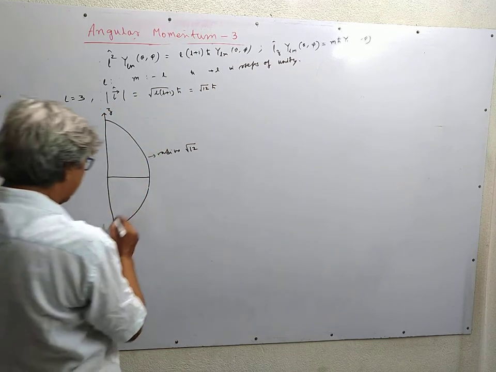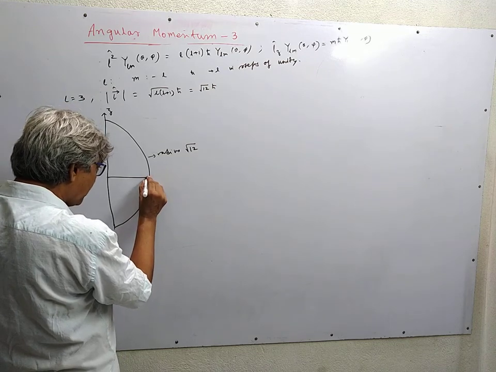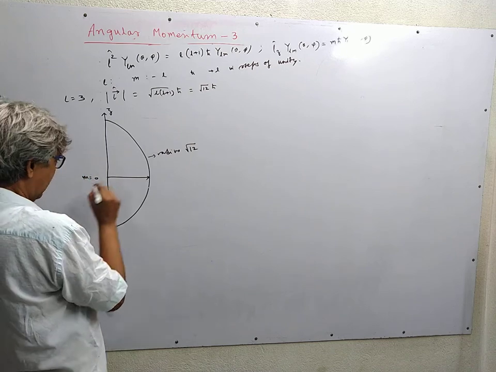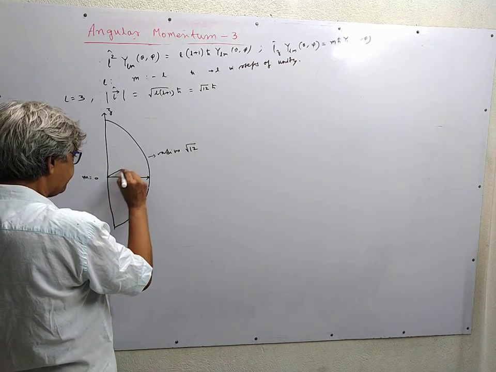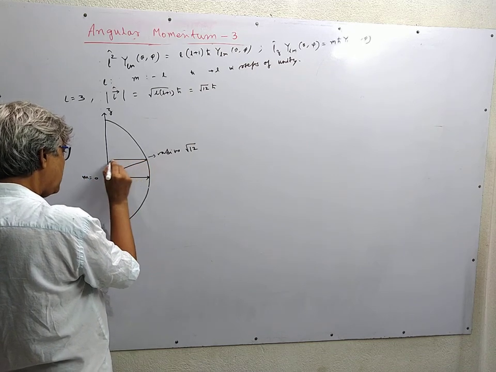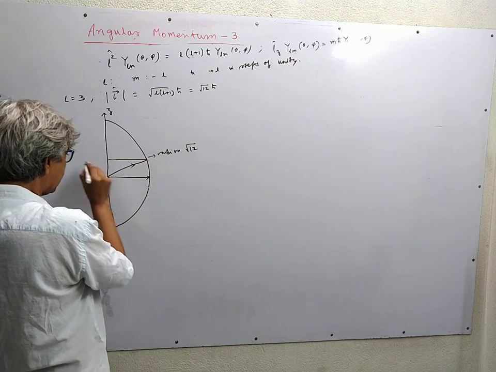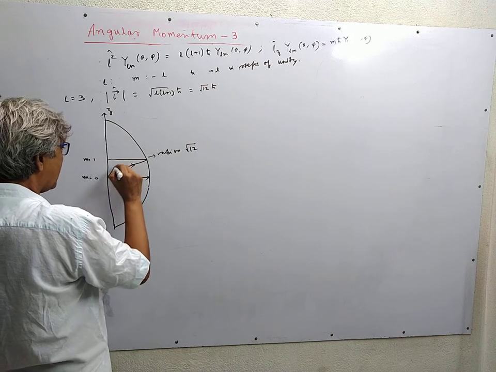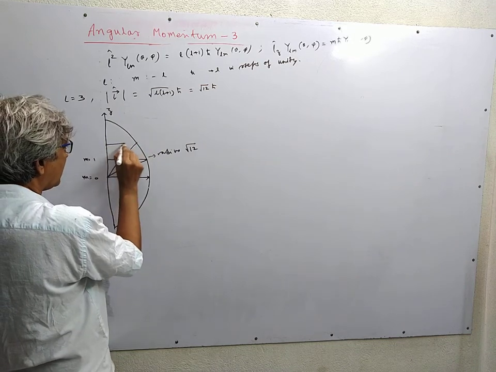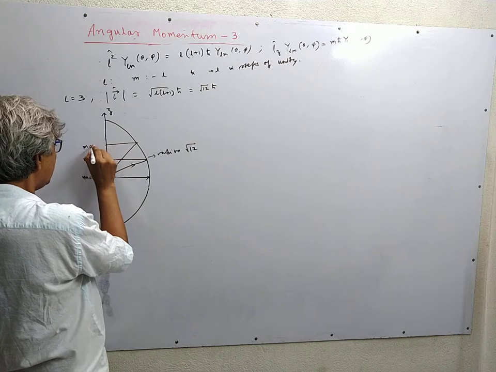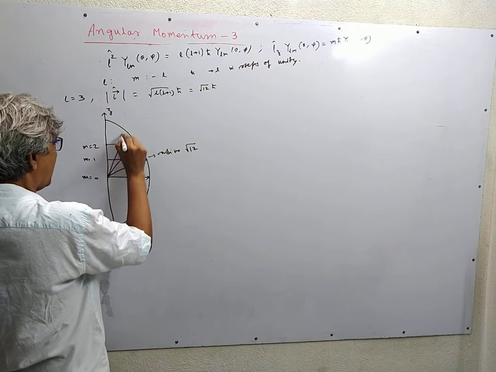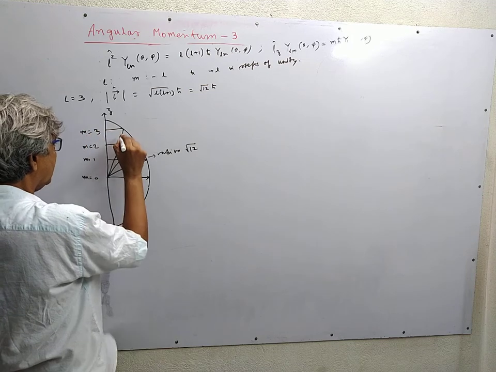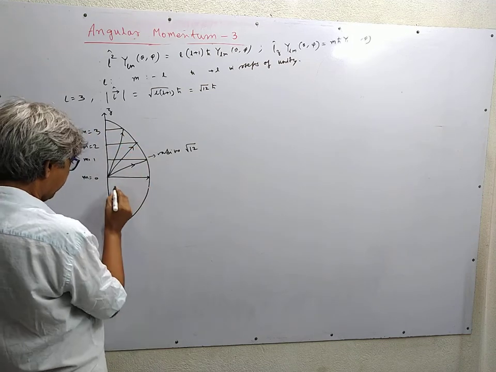So as per this theory, the possible orientations are these: m is equal to 0, then there is another projection, m is equal to 1, m is equal to 2, m is equal to 3. These are the possible projections.